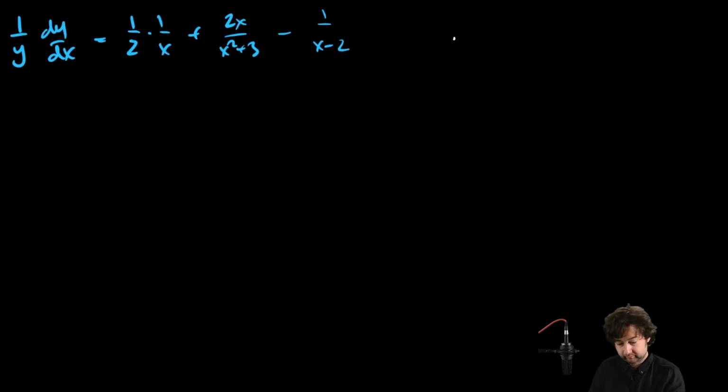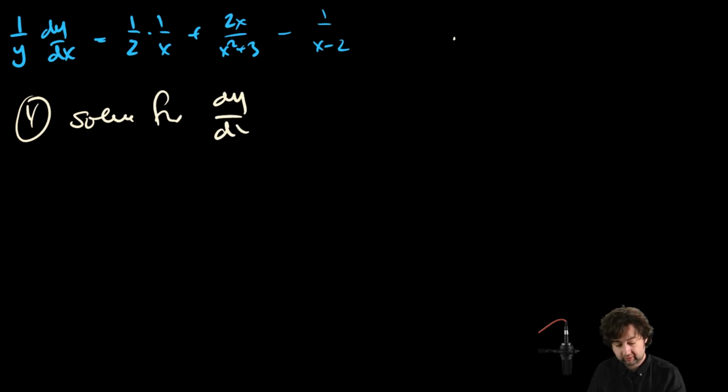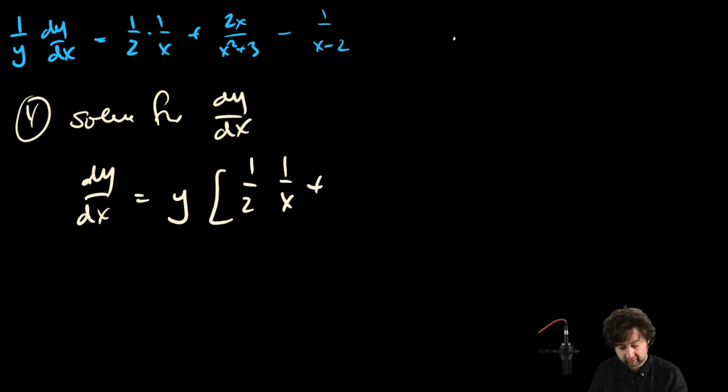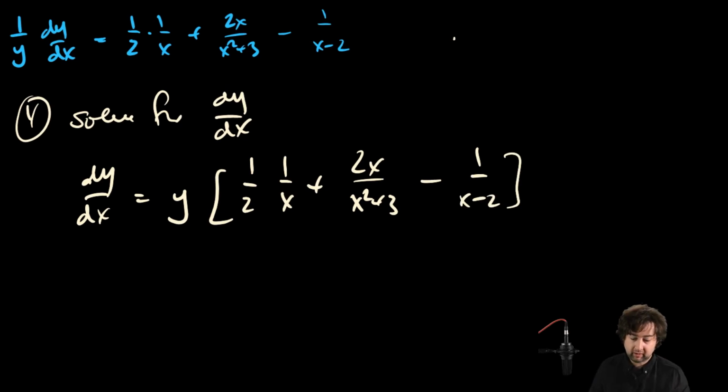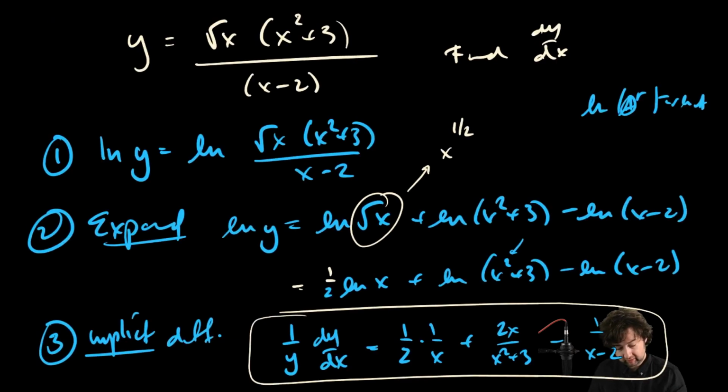So let's finish it. Step 4, solve for dy dx. So dy dx is equal to y times 1/2 1 over x plus 2x over x squared plus 3 minus 1 over x minus 2. But I know what y was, right? Y is right here.